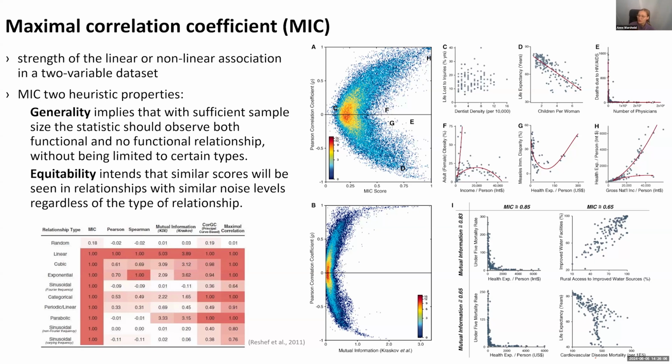But if Pearson correlation is close to 0, so in the red area, and the MIC score is also low, then it probably is random, so there's not really a dependency between the 2 variables. But if Pearson correlation is close to 0 and the MIC score is high, you might know that the dependency is something nonlinear or non-monotonic. So please have a look at the different options out there, depending on what you want to look at, what correlation coefficient is suitable for the analysis you're doing, because everything has advantages and disadvantages.